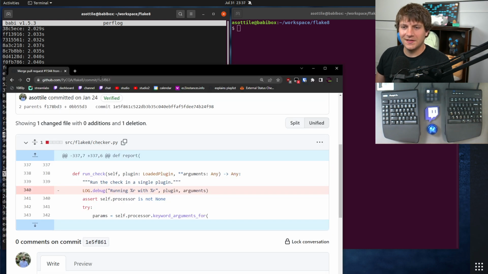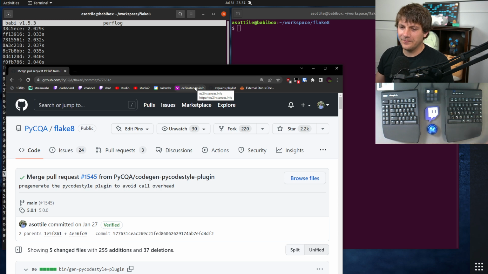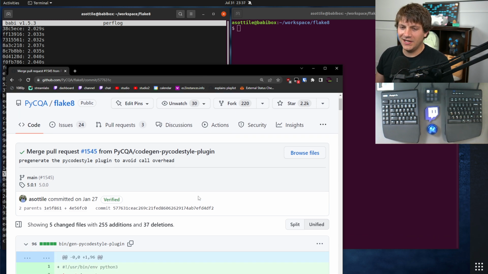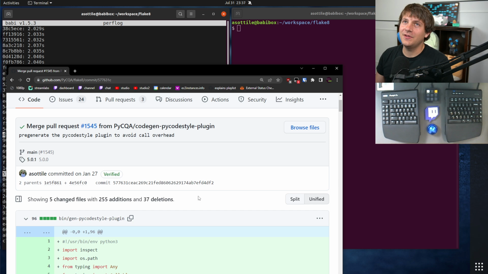This one is a pretty wild performance change. The way flake8 works is you can plug in a whole bunch of linters to it. It discovers all of those entry points and then calls them with either the AST tree or a line of code or a series of tokens, or there's a whole bunch of different ways that plugins can integrate into flake8, and flake8 can pass various information to them.